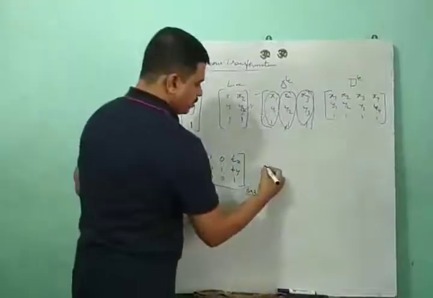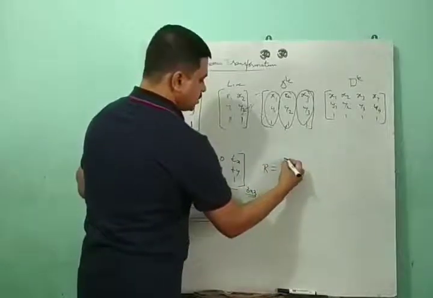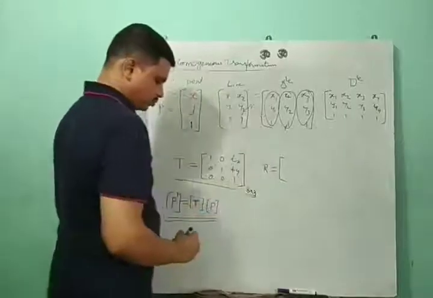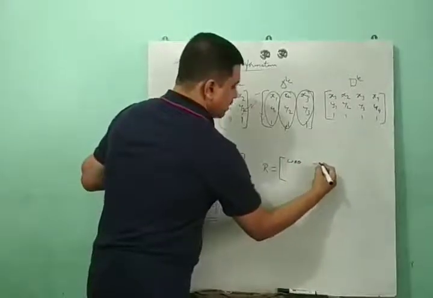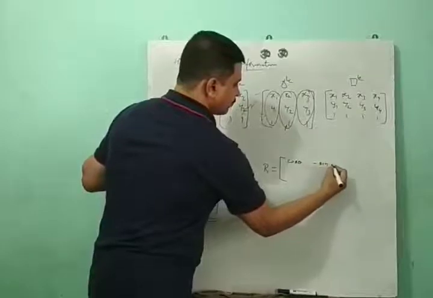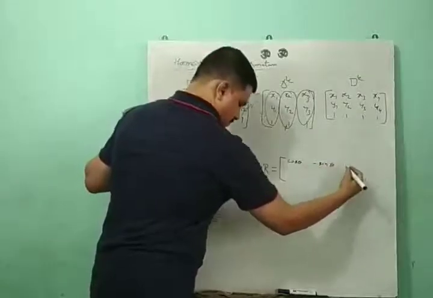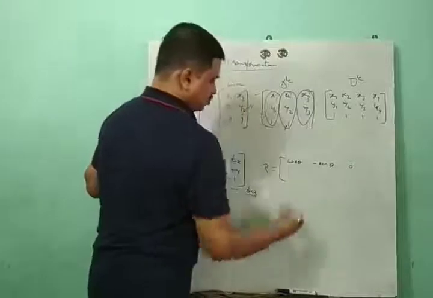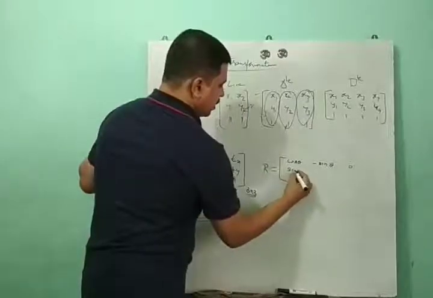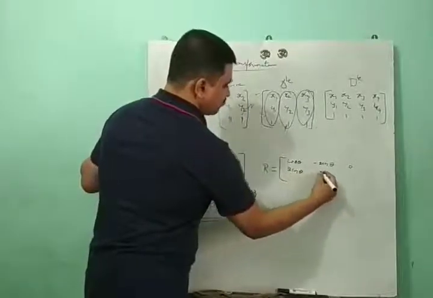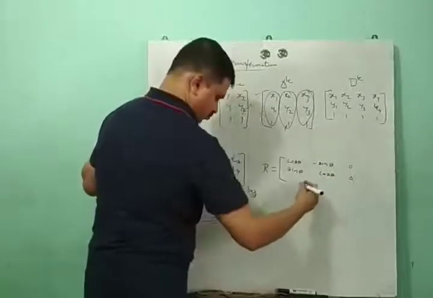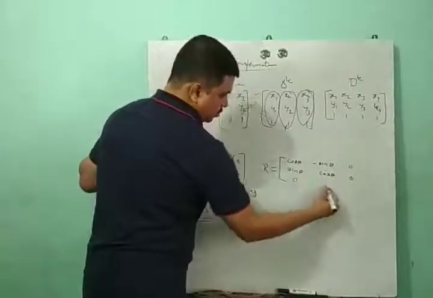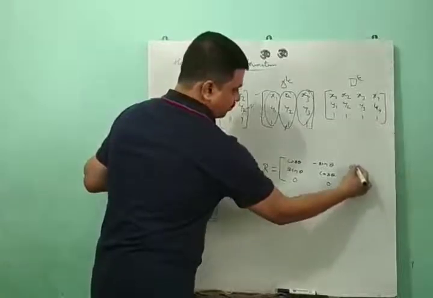For rotation, the matrix is cos theta, minus sin theta, 0. Then sin theta, cos theta, 0. 0, 0, 1.